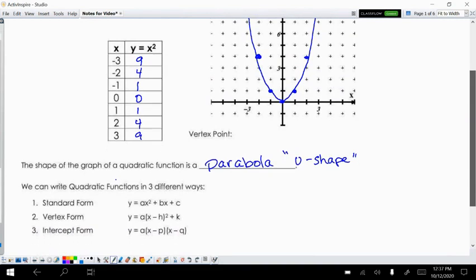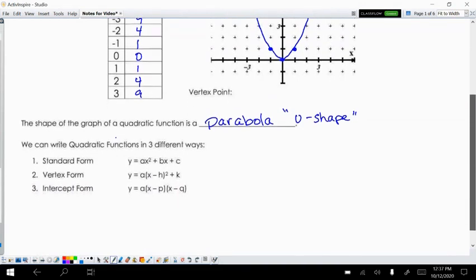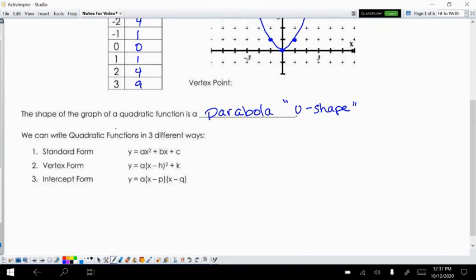And as we graph our quadratic functions, we're going to see that we can write them in 3 different ways, and each of these different ways gives us some different information about what that U shape is going to look like. We have standard form, where there are no parentheses, ax squared plus bx plus c.